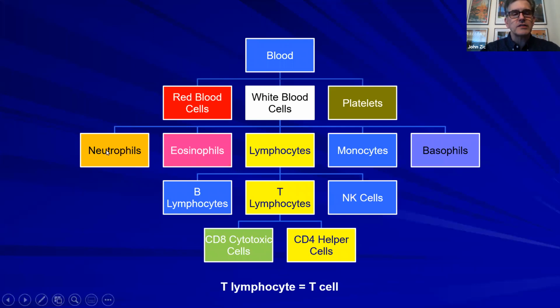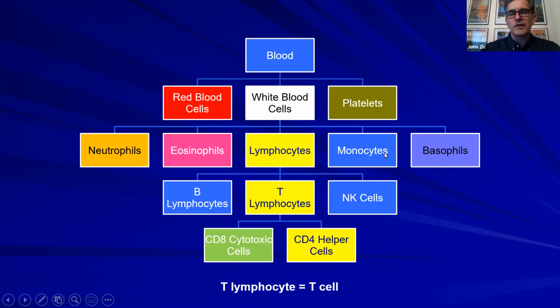The different white blood cells are in this row. Neutrophils are primarily involved in fighting off bacterial infections. Eosinophils are primarily involved in fighting off parasitic infections, but eosinophils might be elevated in cutaneous T-cell lymphomas and in other types of allergic reactions. I'll get to the lymphocytes in a second.